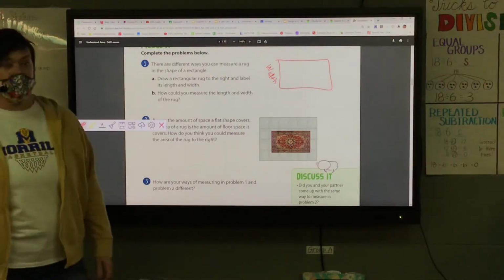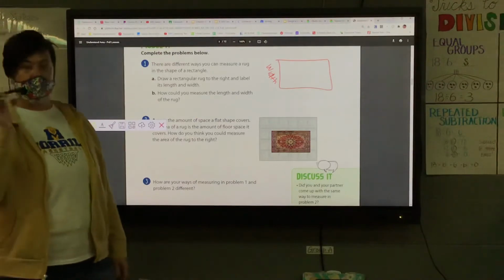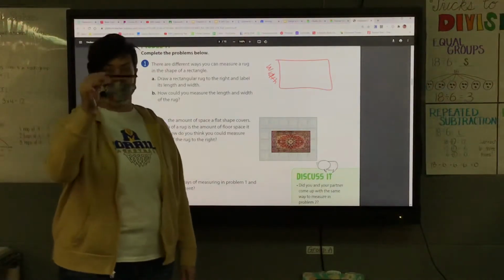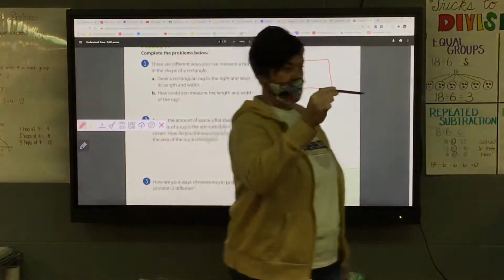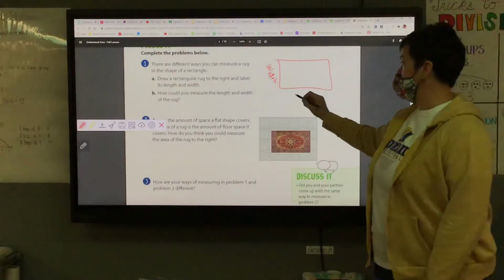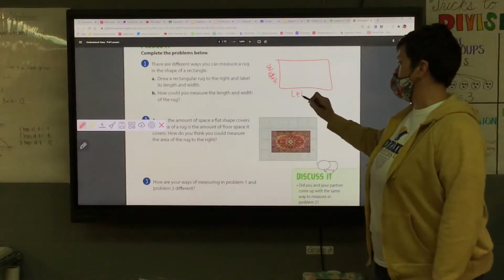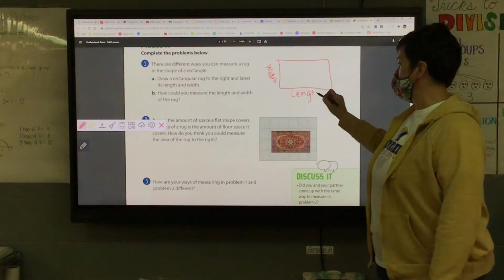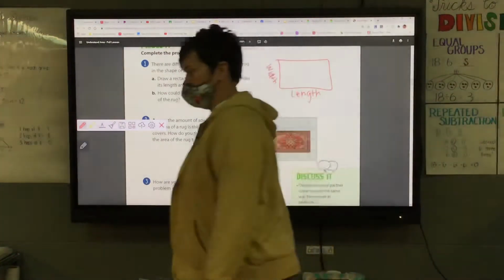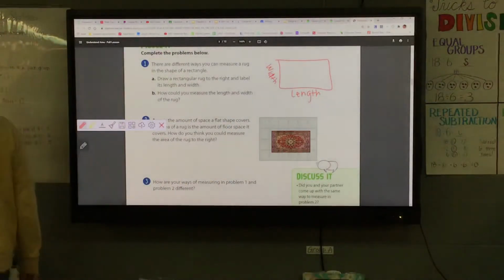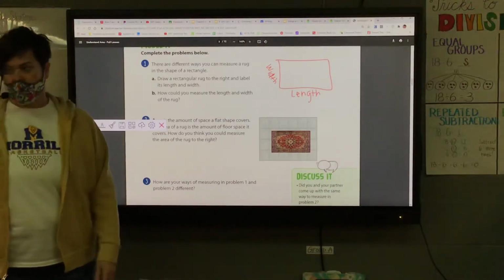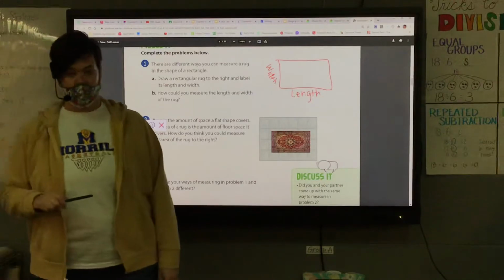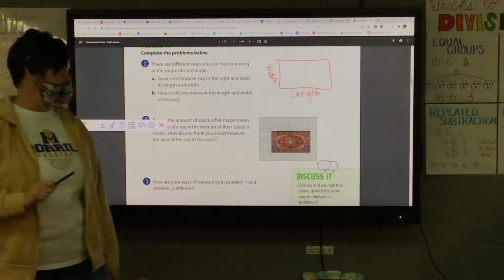So which one is the length? The one going across like this, isn't it? So this is length. You're going to have to always remember that. Length and width.